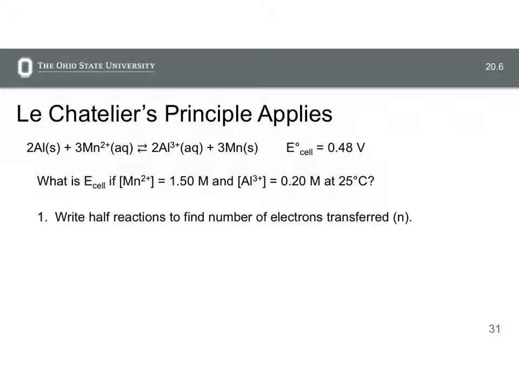So let's take a look at our reaction. And let's say we want to find this cell potential if we have a manganese 2+ ion concentration of 1.5 molar, and the aluminum ion concentration of 0.2 moles per liter, 25 degrees Celsius.